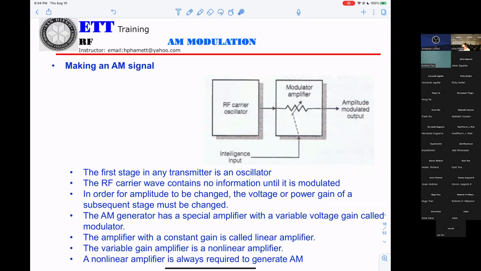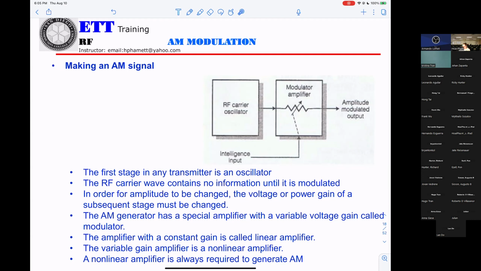An amplifier with a constant gain is a linear amplifier. A variable gain amplifier is a non-linear amplifier. Like we already talked about, linear amplifiers are like the inverting amplifier, non-inverting amplifier, and summing amplifier. If you want to change the gain, you have to change the resistor value.